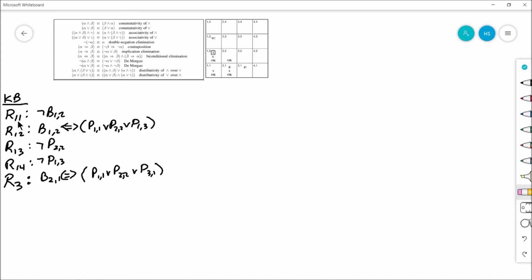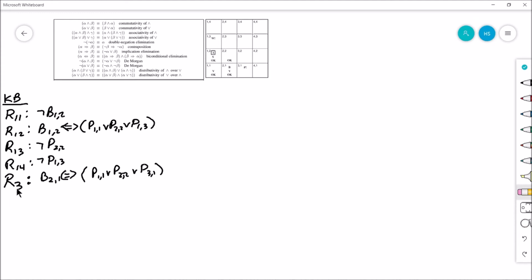So we're going to add to our knowledge base sentence R11, no breeze in 1,2. Now, if there was a breeze in 1,2, that would imply that there'd have to be a pit in 1,1 or 2,2 or 1,3. By using the process we saw in the previous example, we can infer that there is no pit in 2,2 and that there is no pit in 1,3. So we'll add those sentences to our knowledge base as well.